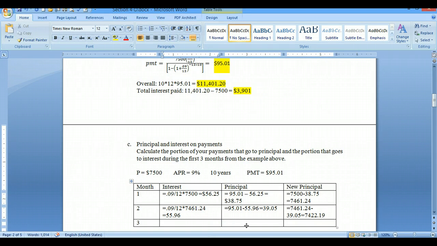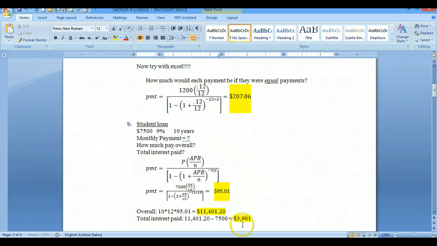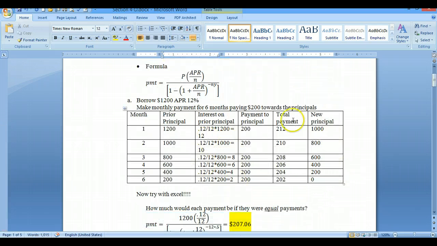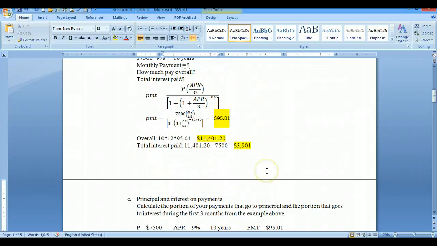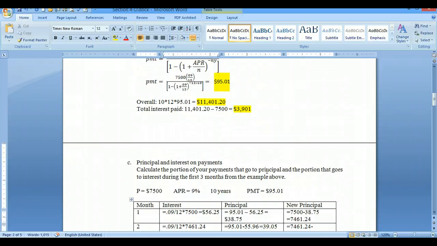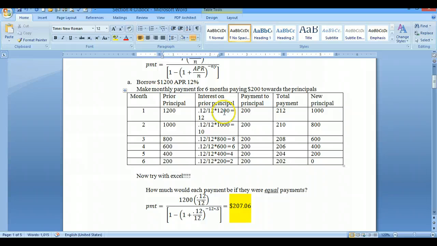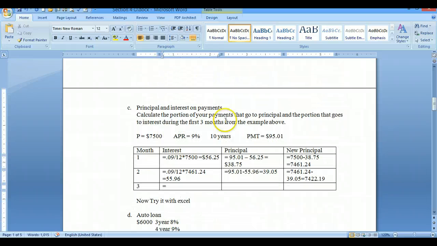Then my next month, and we kind of did this up here in my prior example, so I'm not going to go through it as much. If you need to see it again, I'd rewind the video until you can get back to example A.